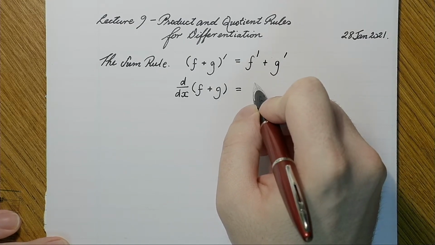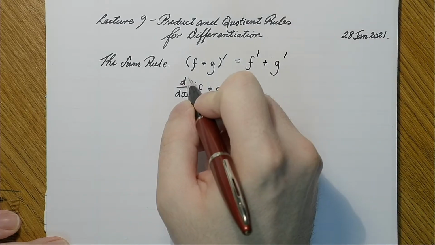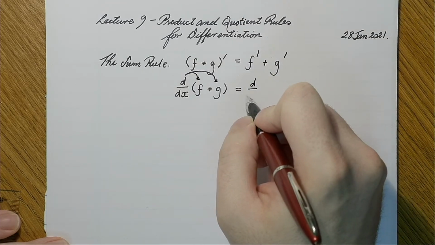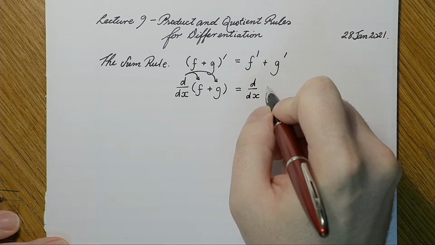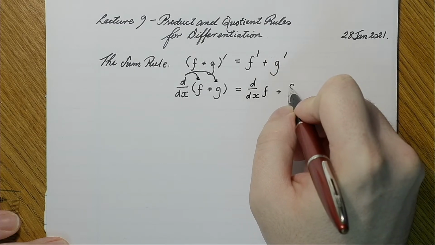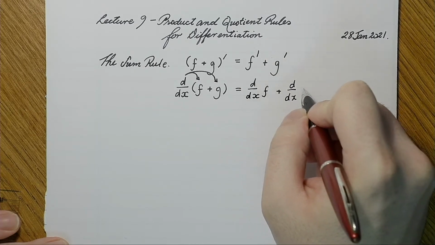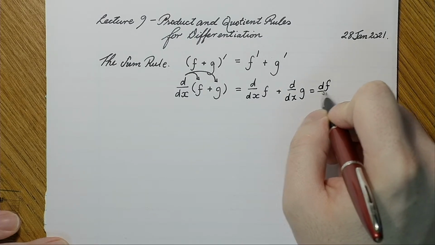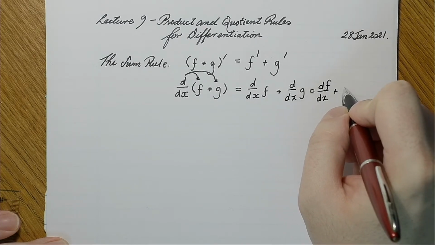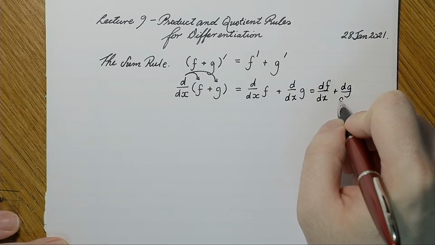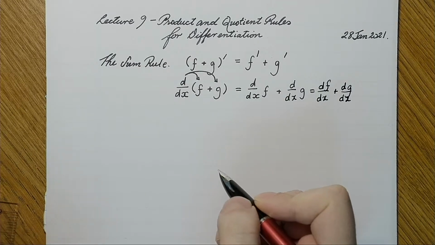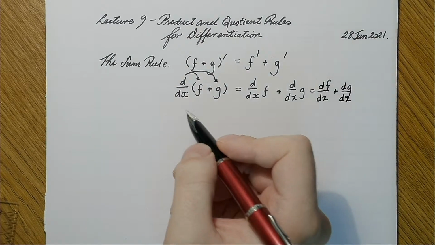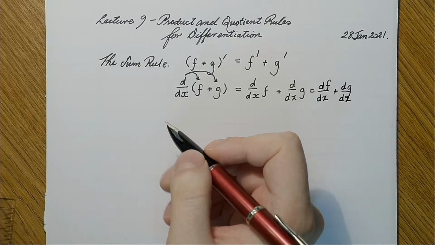In Leibniz notation, this is applied to each function, or you could write it as df by dx plus dg by dx. Accordingly, if you had a difference, it also works.